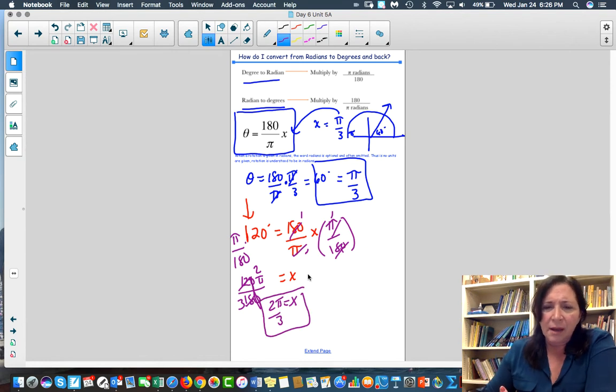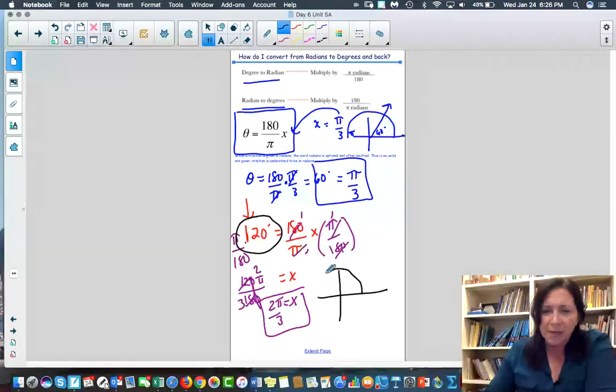Again, I try to teach my students that you don't necessarily need to use this formula, although it is very cool and very handy. You can just use your brain, which is good. 120 degrees would be in this corner here, and you ask yourself, if this is 120 degrees, how do I get back to the x-axis?